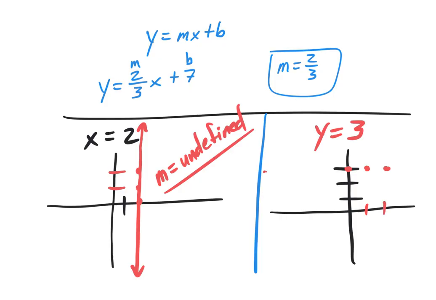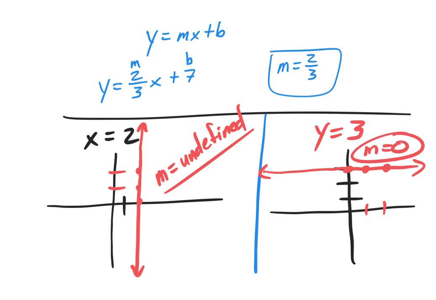All of my y values are 3. Okay, and what we now know is this is a horizontal line, okay? And because it's a horizontal line, what do we know the slope is going to be? 0, okay? So this would be slope of 0.